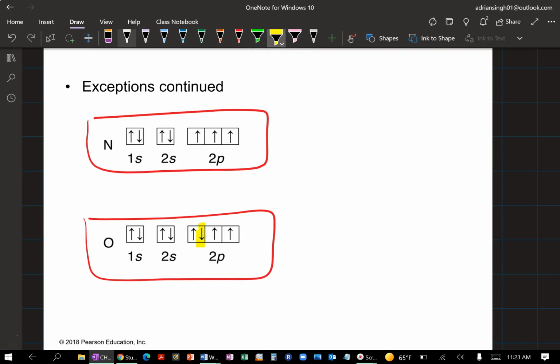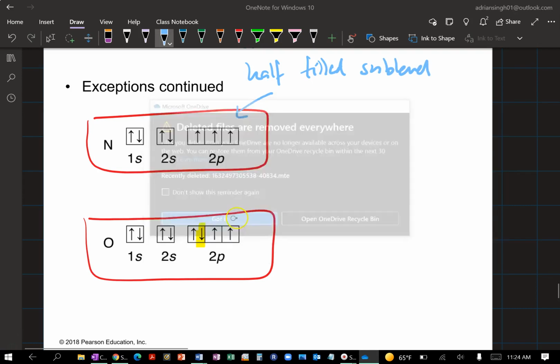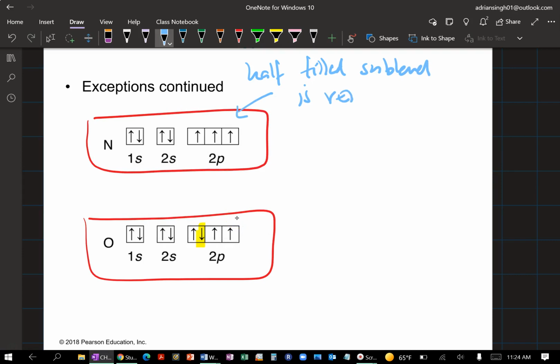One thing to keep in mind is that a half-filled sublevel, where all the electrons are spin up or all spin down, is actually very stable. Compared to this case here, where this electron introduces a little bit more instability, so it's easier to remove that electron.